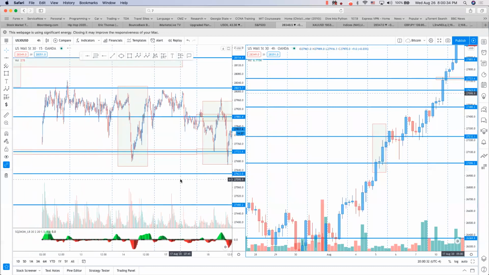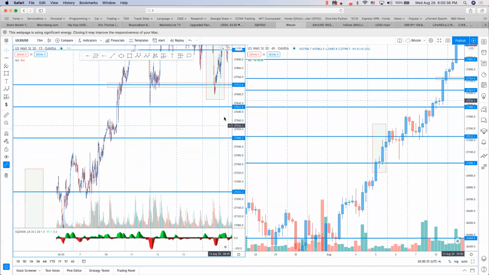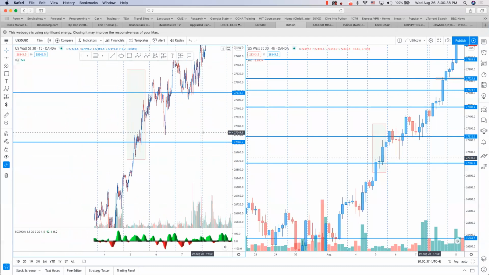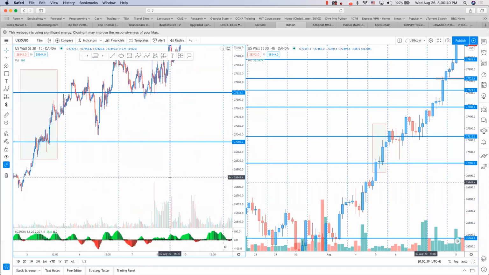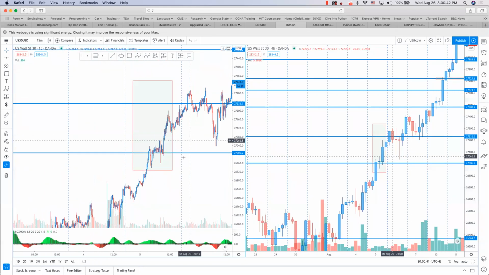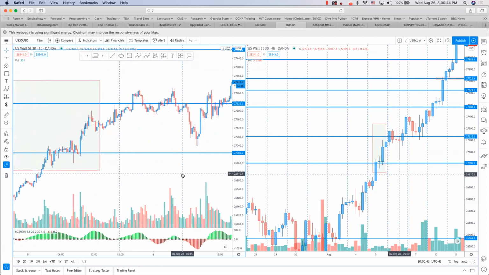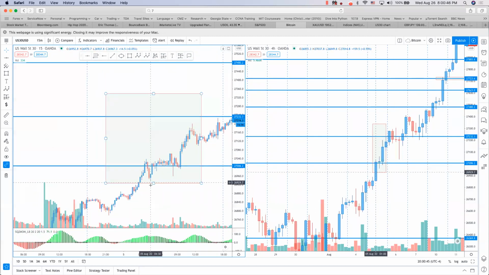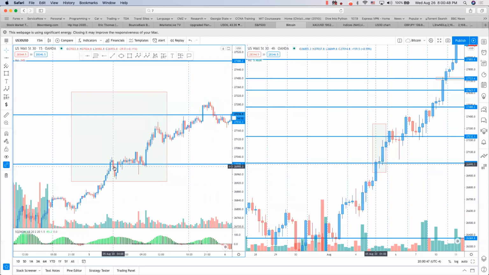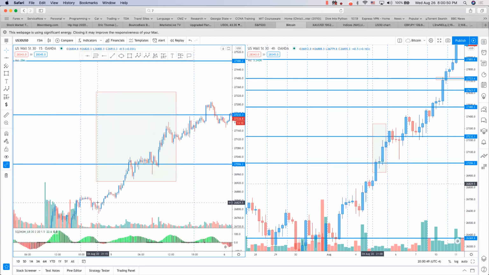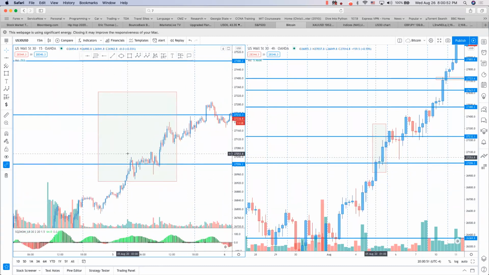Let's go find this on the 15-minute. So on the 15-minute, this same area right here, all of this is pushing up. This motion right here, this sell-off right here is the sell-off that drops it to make this candle right here.